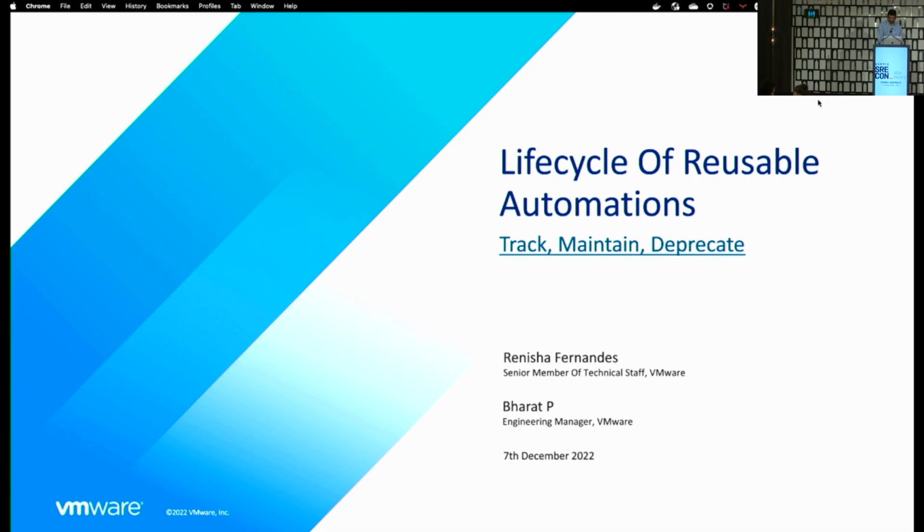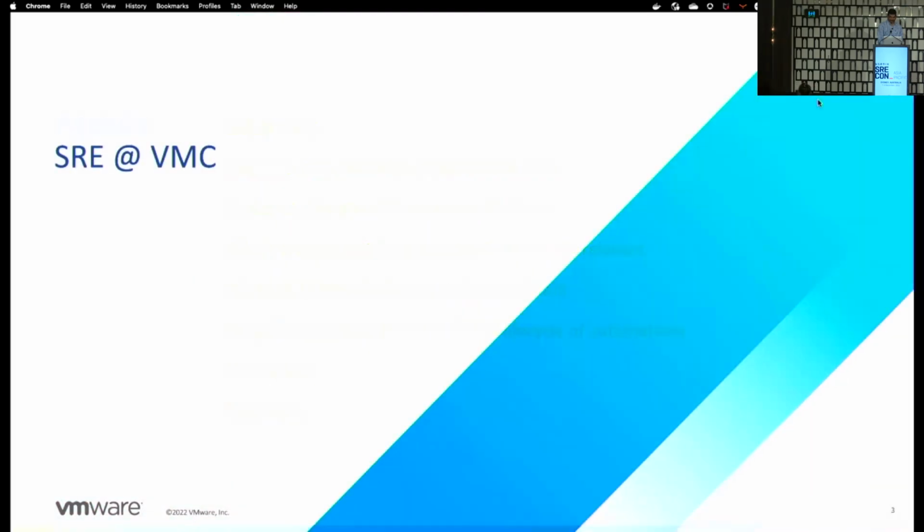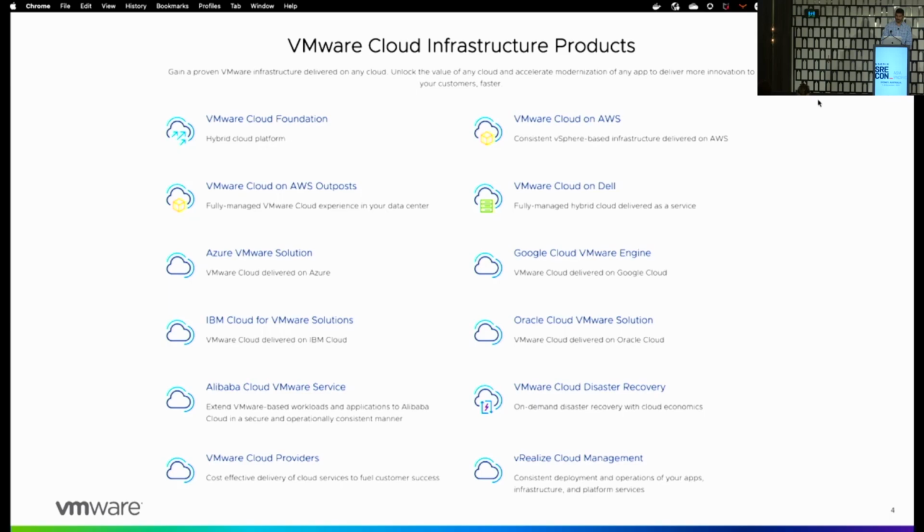Okay, let me start. Skip the agenda. Let me introduce what exactly we take care of as part of the SRE and platform development team. Before I explain, I'll give a brief overview of the VMware cloud products being provided. We have a wide variety of cloud providers.